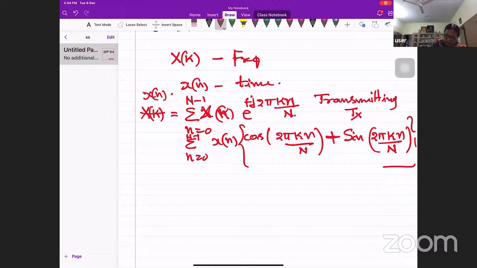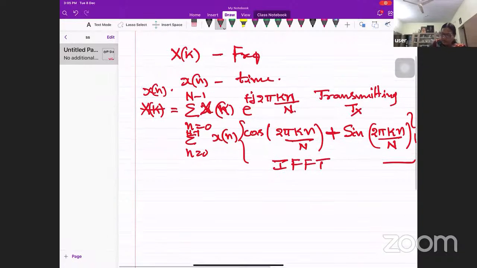So what about the receiver? In the TX, I use the IFFT block. At the transmitting end, I am using cos 2 pi k n by capital N, right? These are my two orthogonal carriers, cos and sine orthogonal carriers.